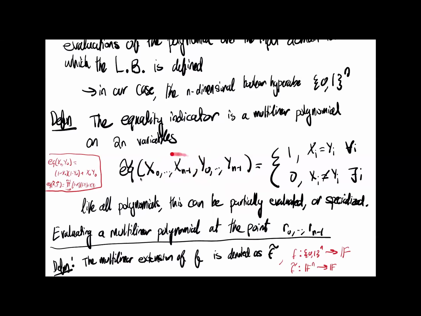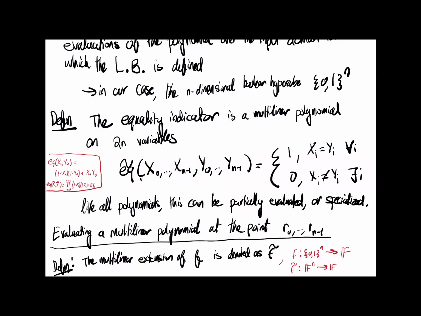If the first half is a different bit string than the second half, then you get 0. So this is actually a function. This indicator function is defined over the Boolean hypercube.